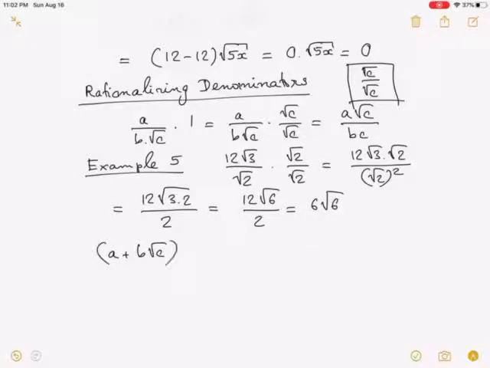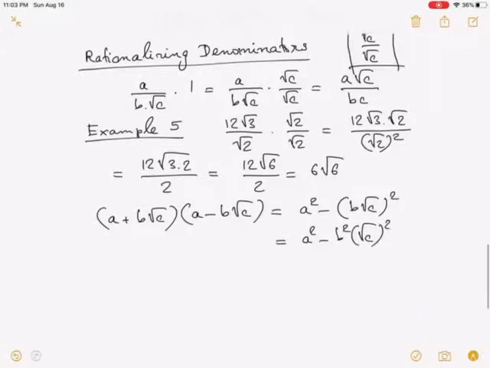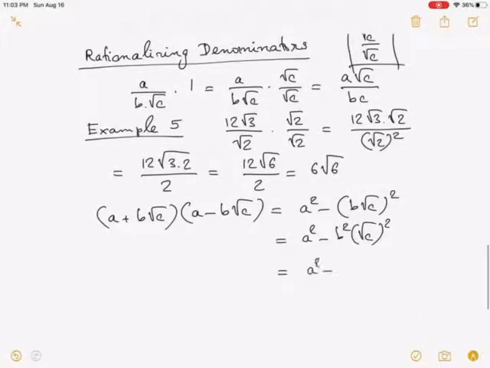So if we have the expression a plus b square root of c in the denominator, then you multiply with a minus b square root of c, because you remember that it is the same as a squared minus b square root of c squared. That is a squared minus b squared c.